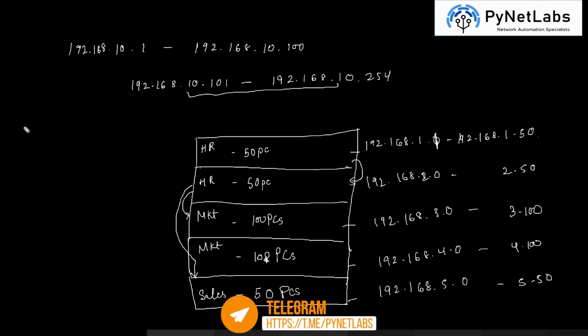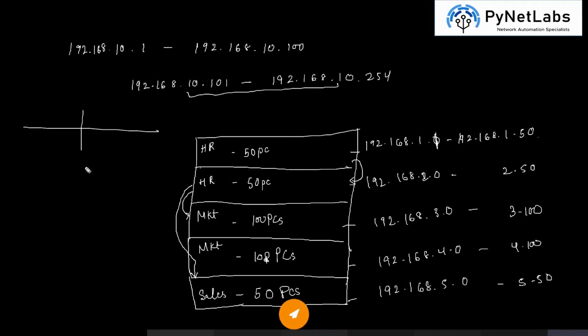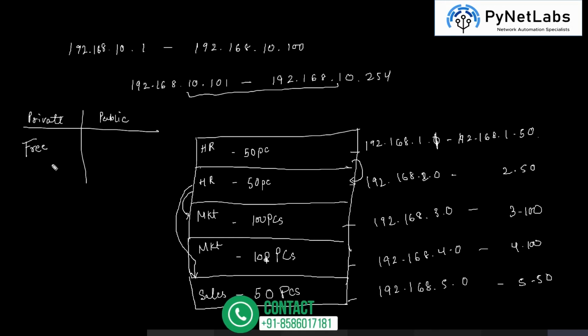So when it comes to IP addresses, there are two types of IP addresses. The first one we have is private, then we have public. There are different ranges for these IP addresses. So the private ones are the free ones. By free, I mean that you can configure them on any device. But when it comes to public, which are used to have access over the internet, these are paid ones. So yesterday I showed you some continent-based organization which takes care of assignment of IP addresses.